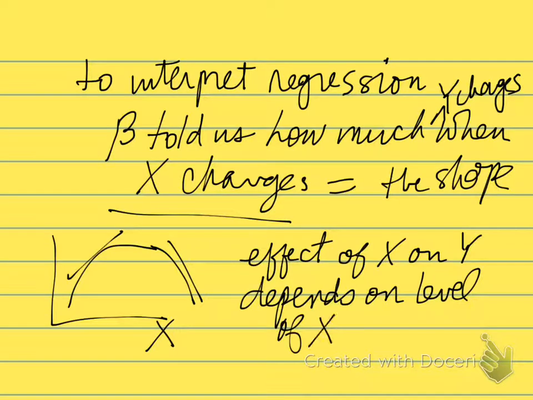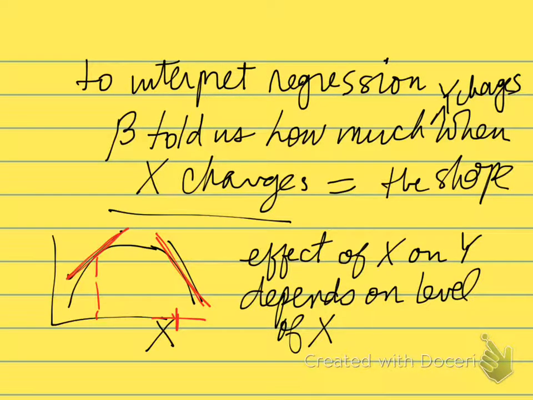So we can never talk about a single effect. Instead, we always have to interpret the regression as saying, for this value of x, the slope is positive. But for this value of x, going further along here, the slope is negative.